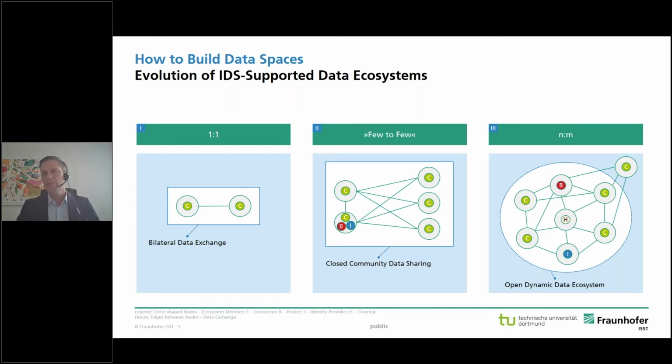But then they move towards few-to-few interoperability, like closed communities. And there we also need identification services, broker services in order to put things together. And what we envisage, of course, is the view graph that you can see on the right-hand side, which is basically an open data ecosystem where dynamically data providers and users come together.